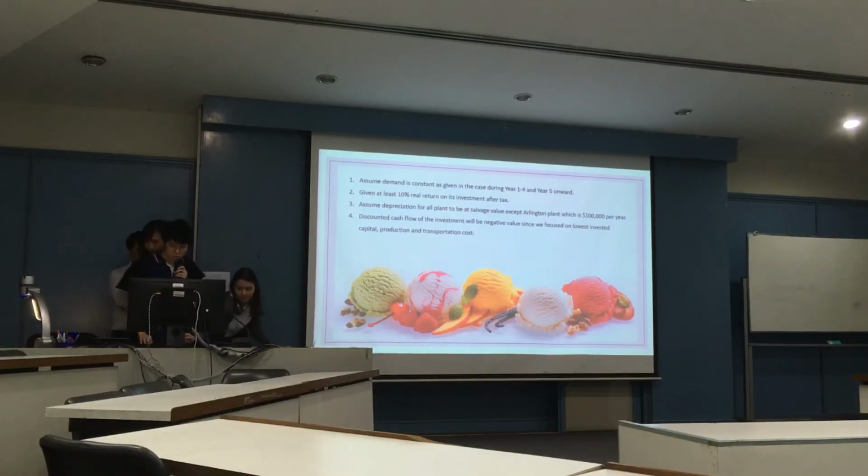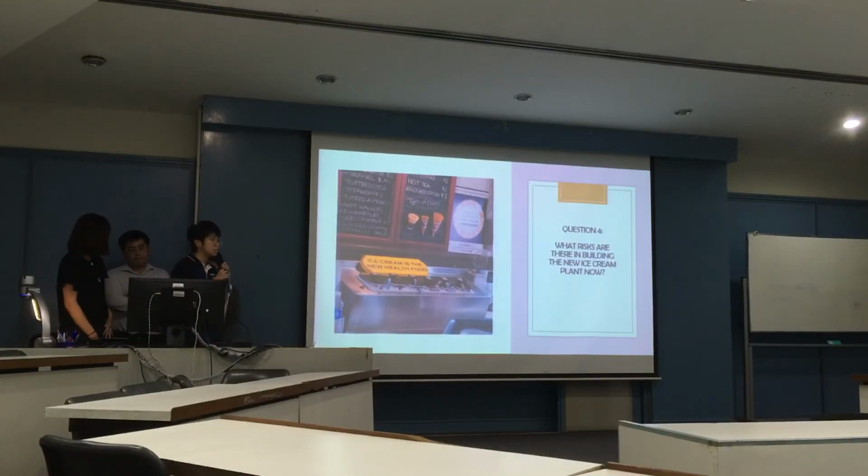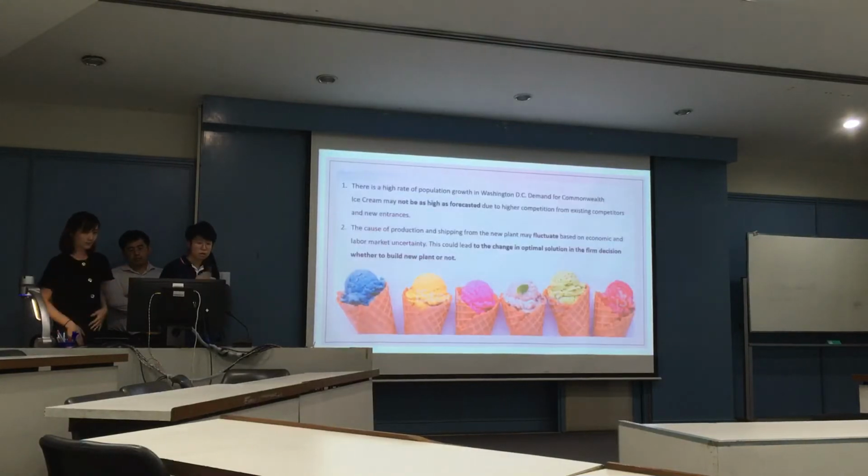Right. So the last question, what risk is associated with building the new plant right now? The company makes the decision based on the assumption that demand will grow according to the high rate of population growth in Washington DC.